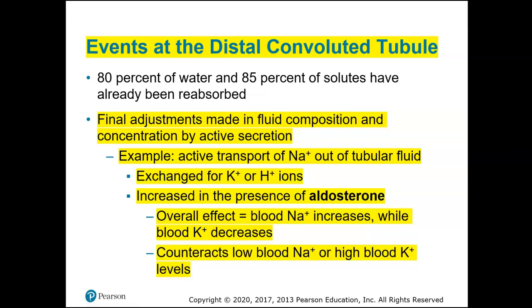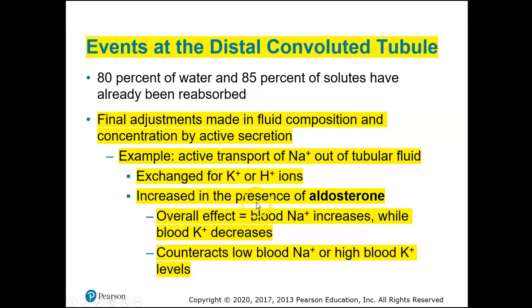At the DCT, it makes final adjustments to the tubular fluid. At the DCT, we call it tubular fluid instead of filtrate. And so, for example, the active transport of sodium out of the tubular fluid, exchanged for potassium or hydrogen ions, can help regulate the pH of the blood.